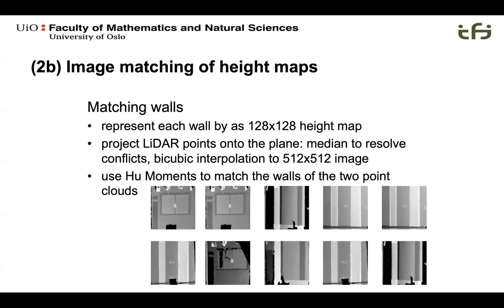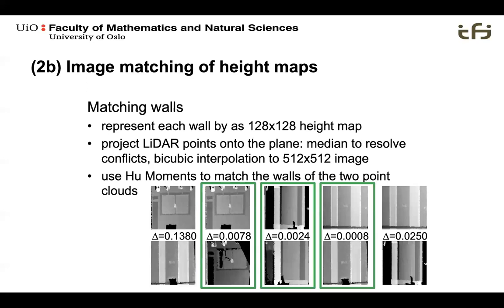These are examples of walls. The upper walls are from one scan, the lower walls from another scan. I have repeated them because I wanted to write between the different samples the distance of Hu moments, where we just take the Euclidean distance between the seven parameters of the Hu moments of the particular image.